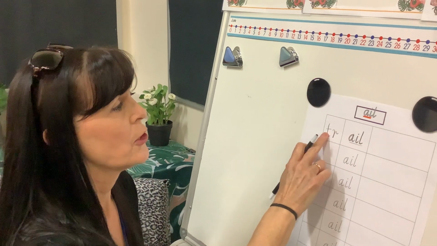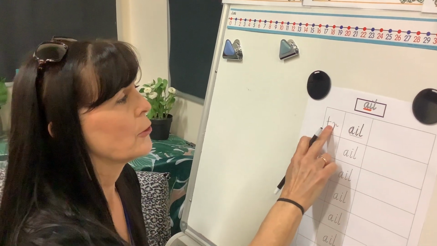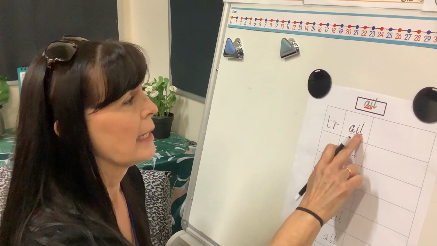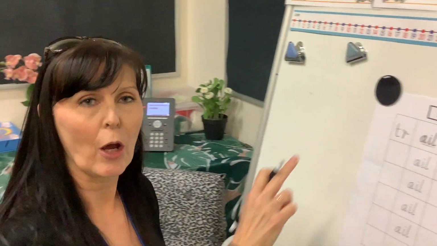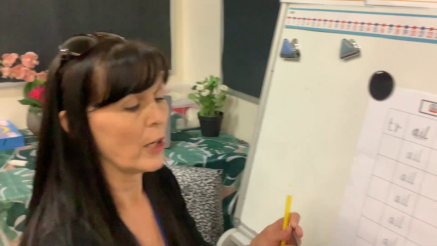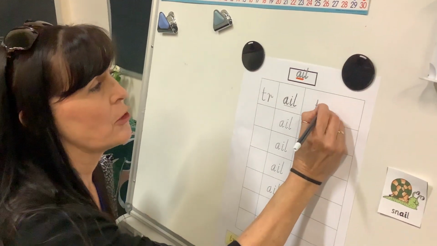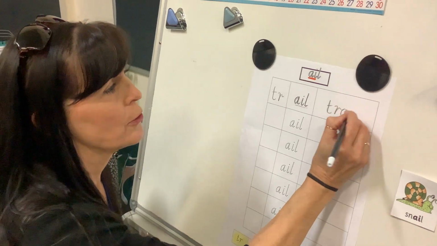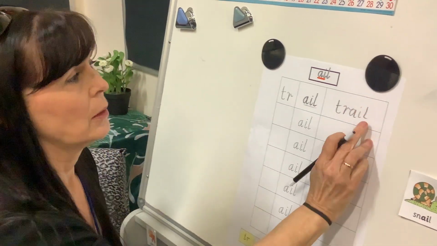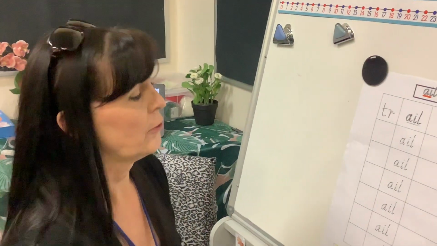AL, trail, trail. Ooh, trail. So you can go on a walking trail. You can take your dog for a walk. You can ride your bike on a bike trail. So let's have a go at writing trail. There we go.